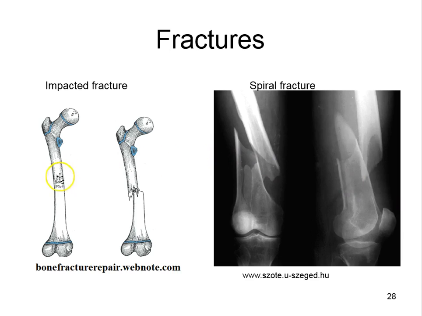An impacted fracture. One bone end is forced over the interior end of another. So that's normal, and then you see how one is over the other. The spiral fracture, the break twists around the bone.